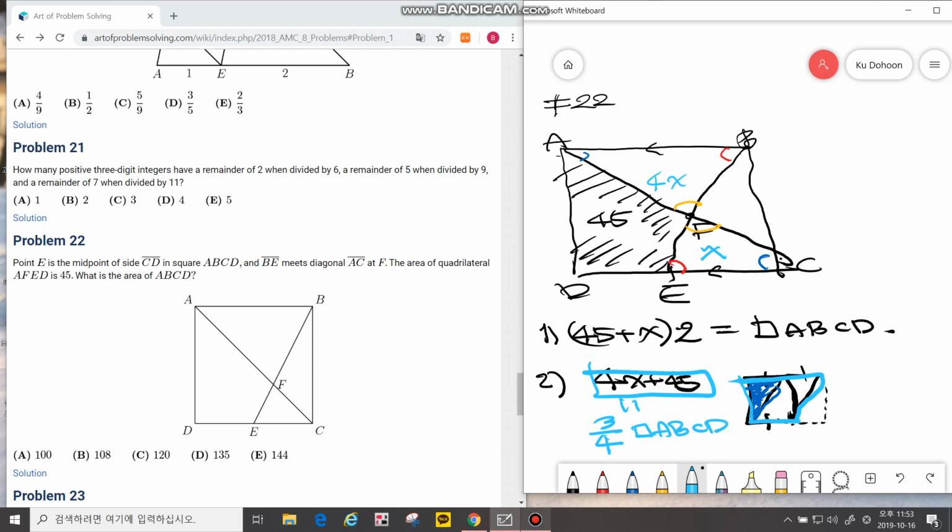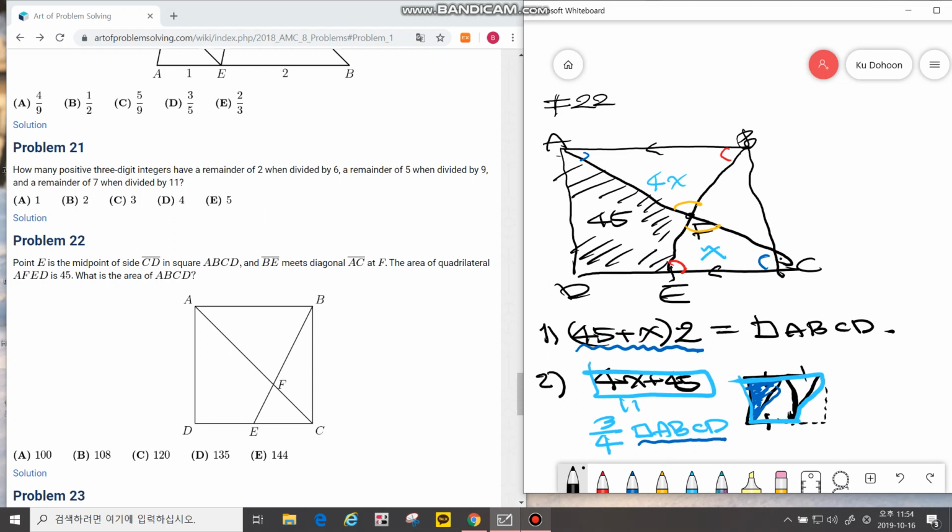So what we need to do now is that since we have ABCD from the first equation, you just replace ABCD with this.